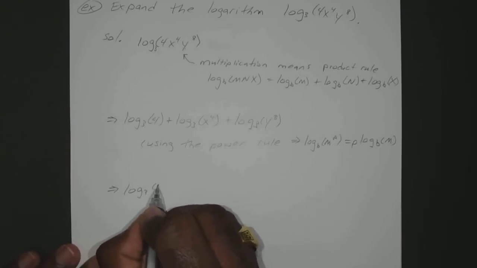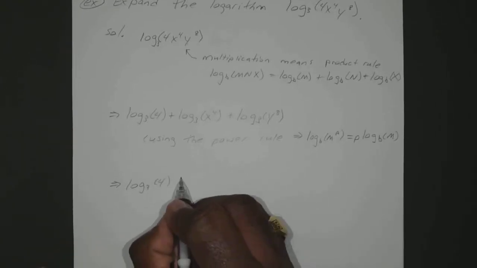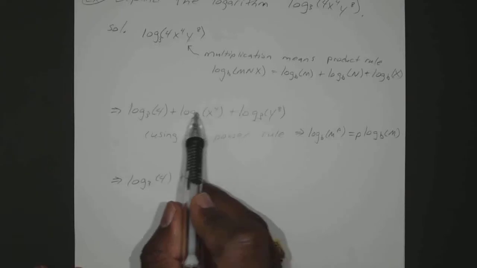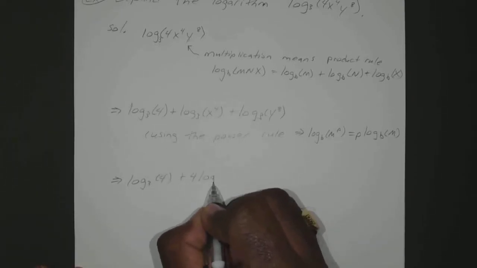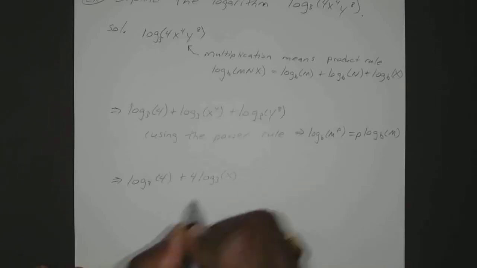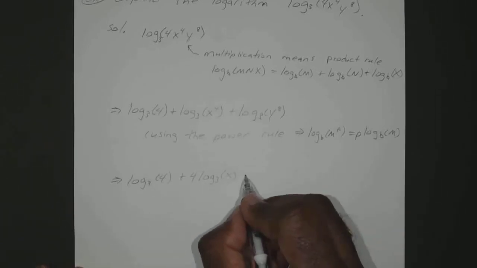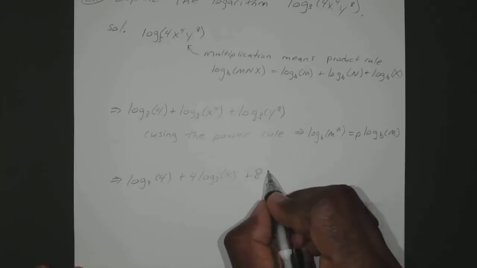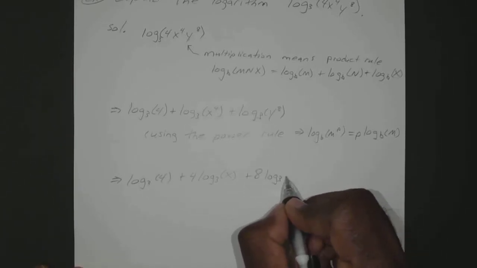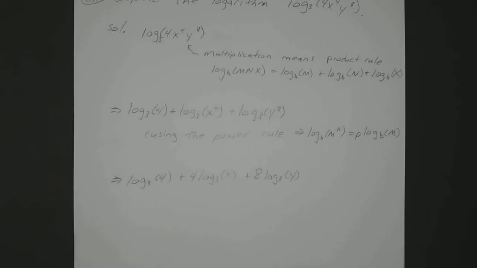Log base 3 of 4 plus, you can bring that 4 down to the front. So that's 4 times log base 3 of x plus, we can bring that 8 down to the front. 8 times log base 3 of y.